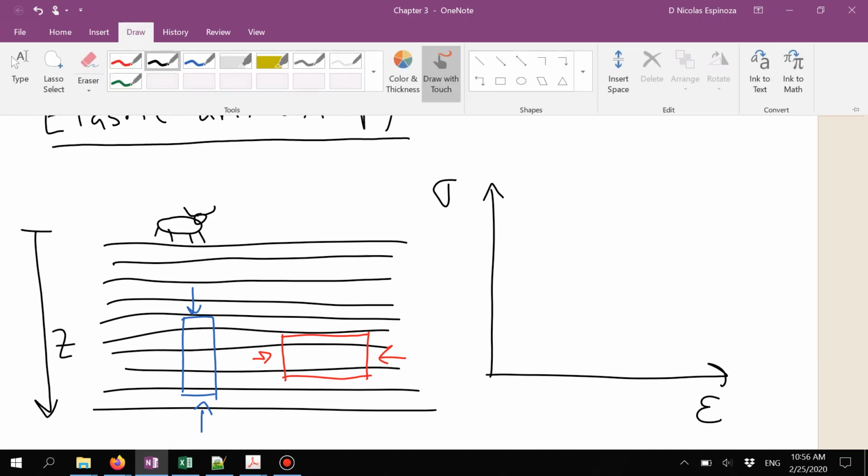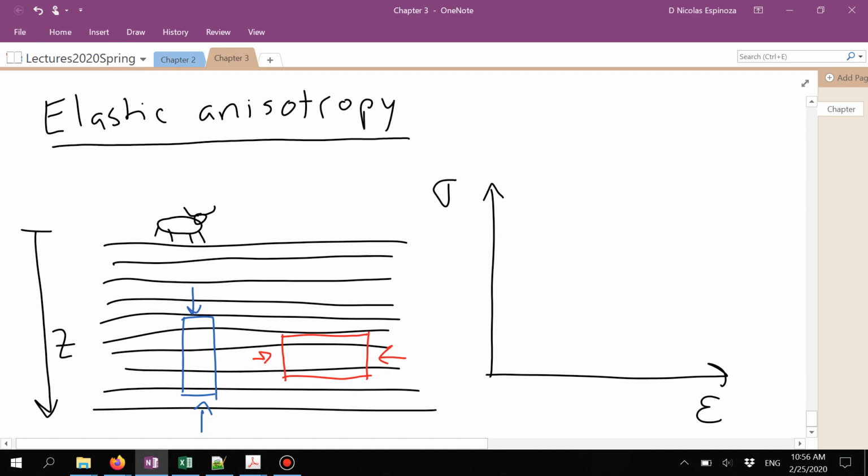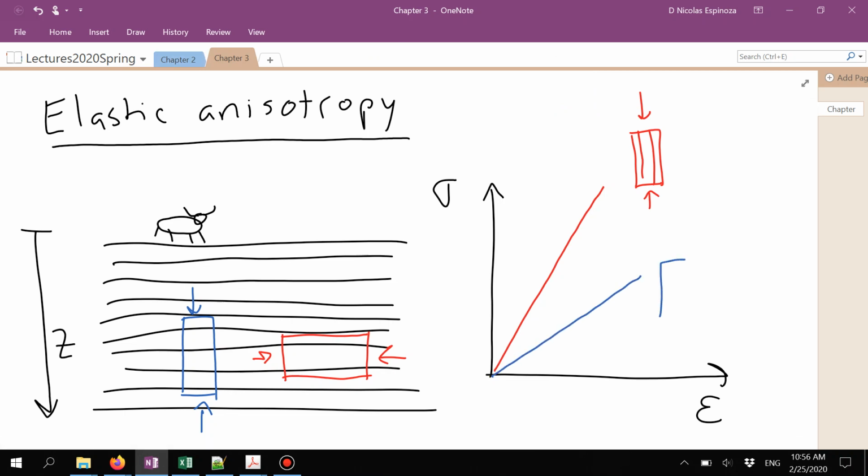And if you were to run a test on some of these samples, you will observe that if you test the rock in direction parallel to bedding, and this is this rock over here with the load in the direction of the bedding, in general, for most rocks, that will tend to be stiffer than if you were to apply a load perpendicular to bedding.